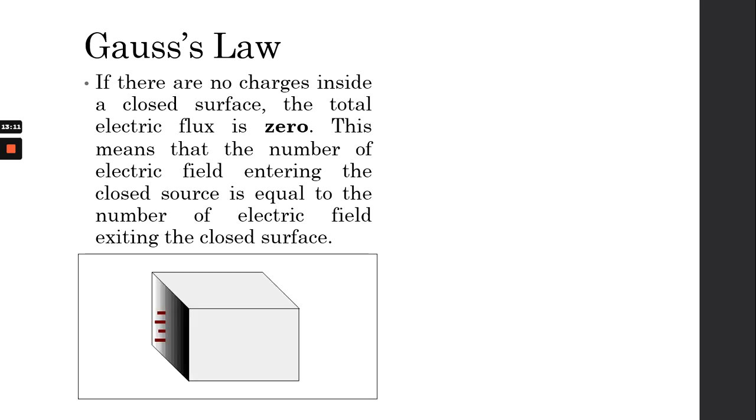Why is that? Well, simply because the amount of the electric flux that is going inside your enclosed space is equal to the amount of the electric flux that is exiting that very same enclosed space.